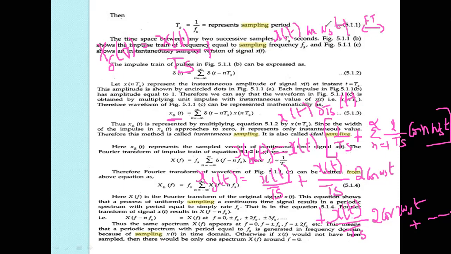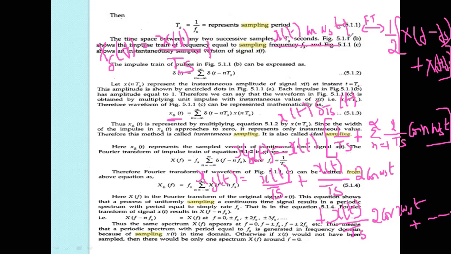this cos omega t. Cos omega t, we can write as an exponential function: 1 by 2 e power j omega t plus 1 by 2 e power minus j omega t. From that, 1 by 2 into X of f minus fs plus X of f plus fs.